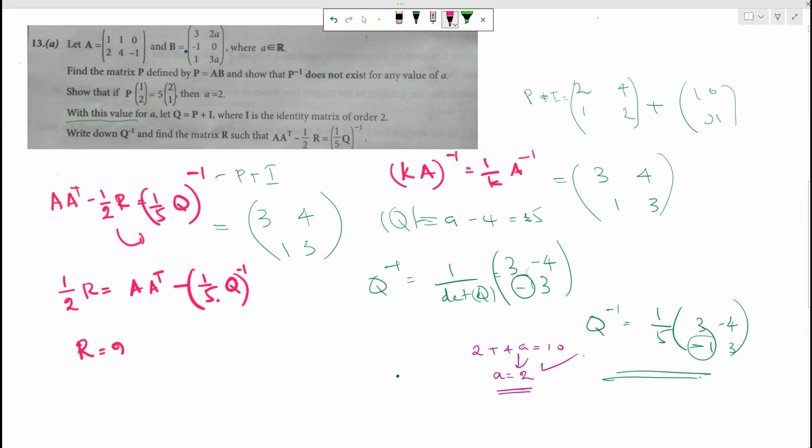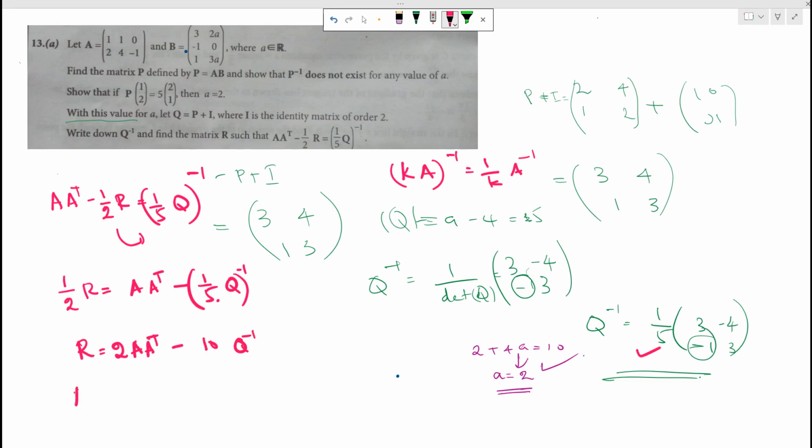R is equal to 2A into A transpose minus the reciprocal of 1/5, which is 5, and I have to just again multiply by 2, so it will become 10 Q inverse. Already we have found out Q inverse.